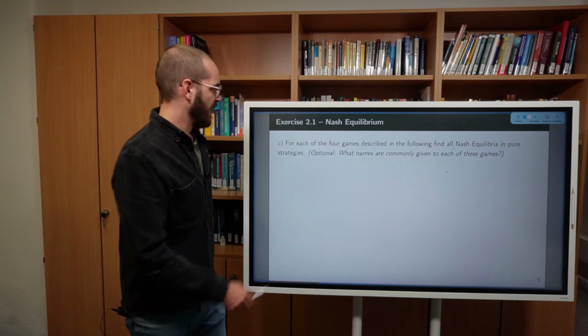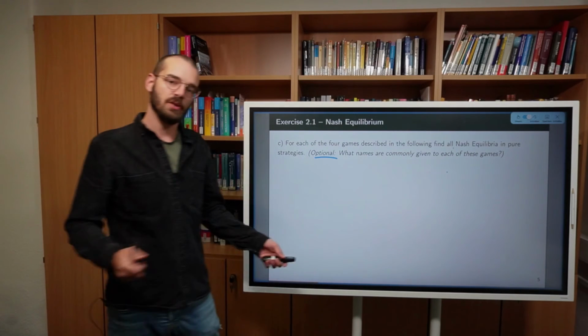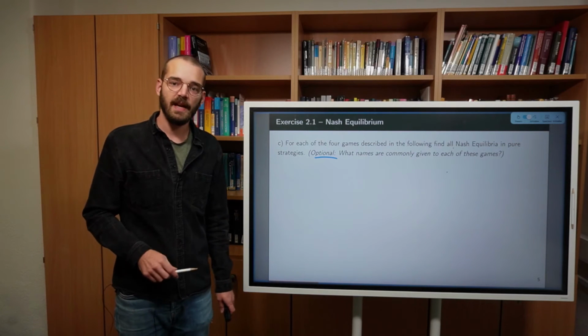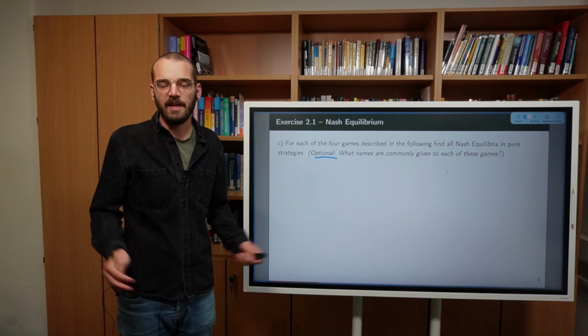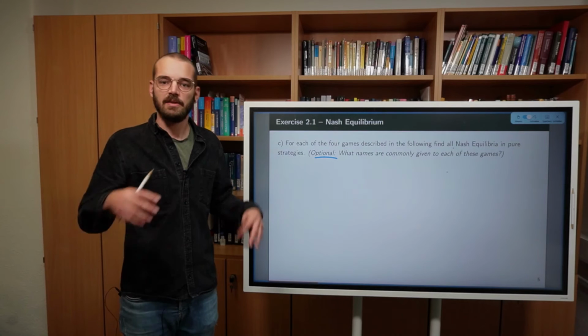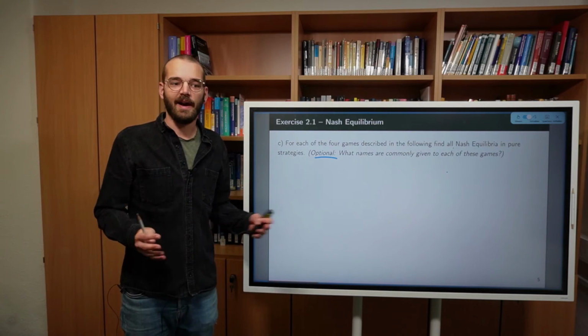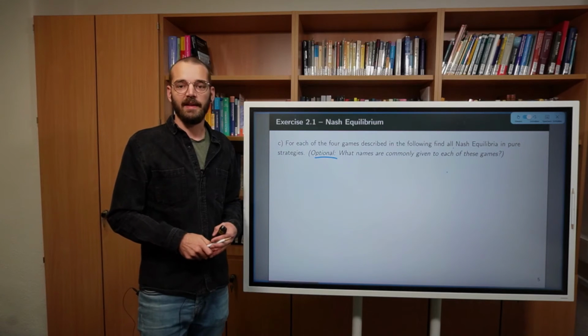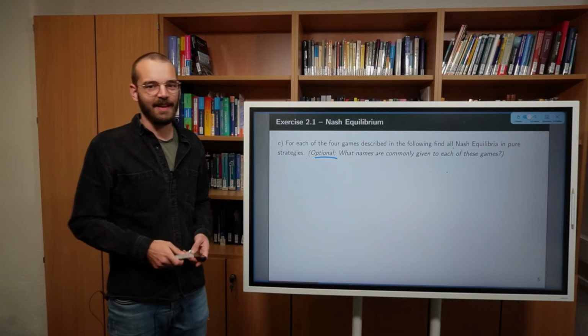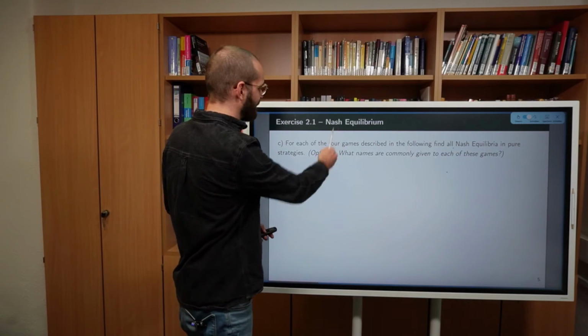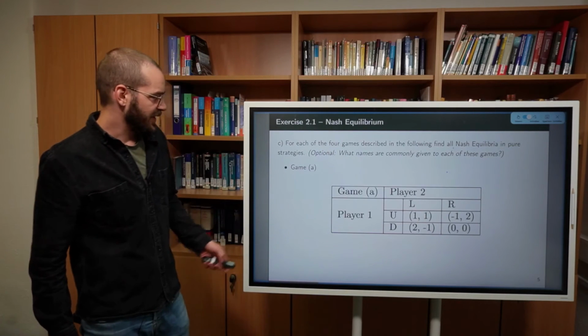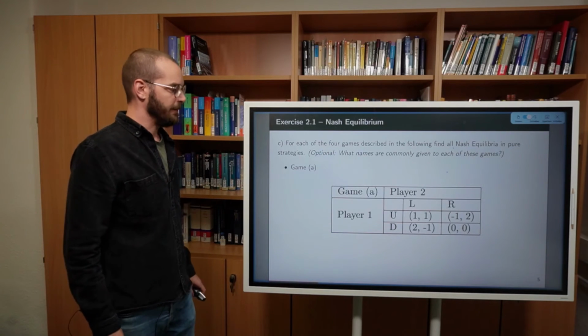And then as an optional task, each of these games has a conventional name, simply because these patterns of payoff that we will see in the following are very common, and therefore at some point they earned their own name. Alright, let's start with the first game, game A.